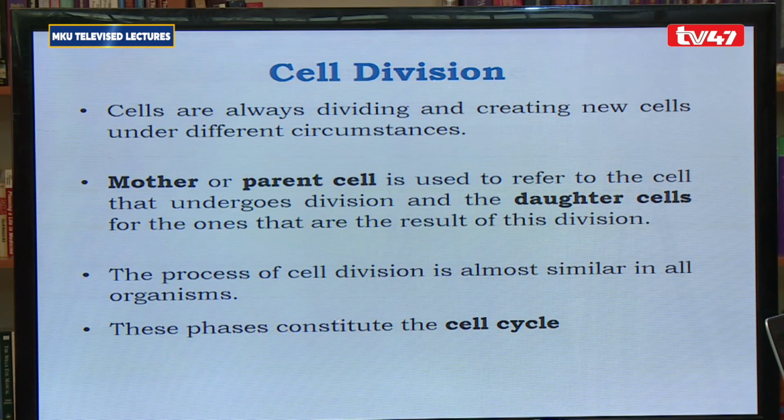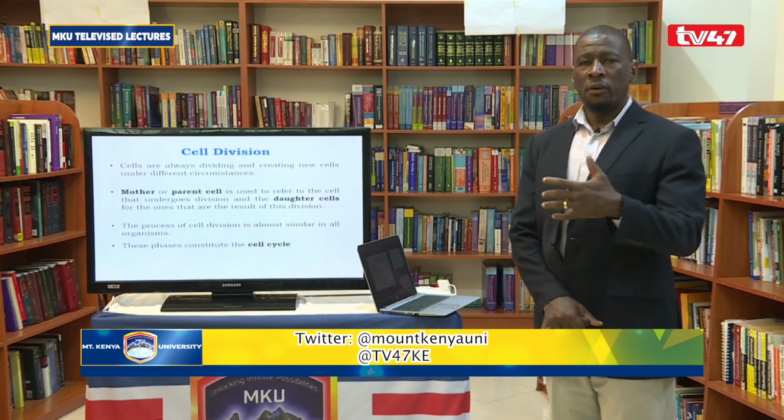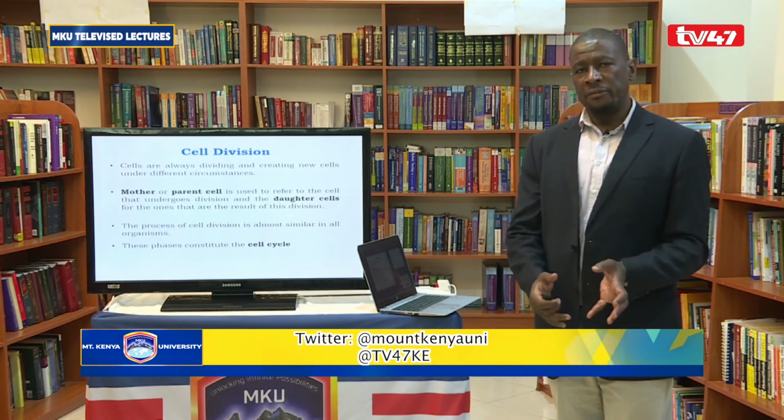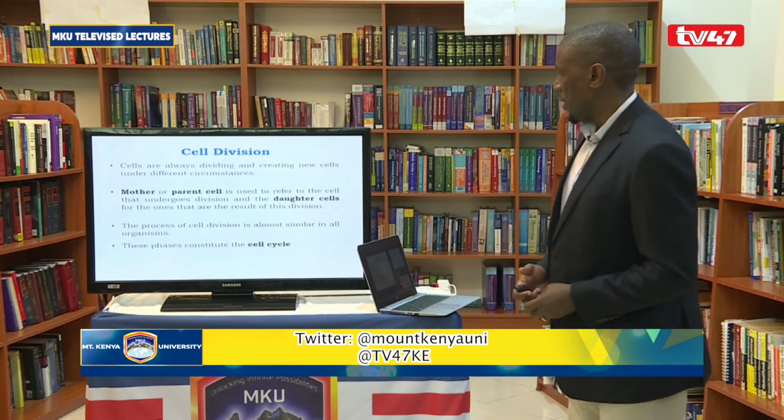So let's finally look at our last topic today, cell division. We have looked at the cell membrane, cell structure, and a history of cell biology. Now let's look at cell division. Remember, the cell theory states that cells are created from other cells, meaning a cell divides to create a new cell.